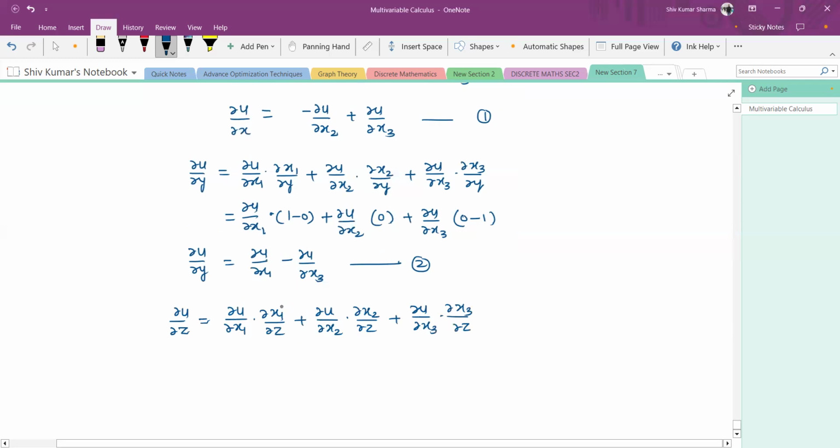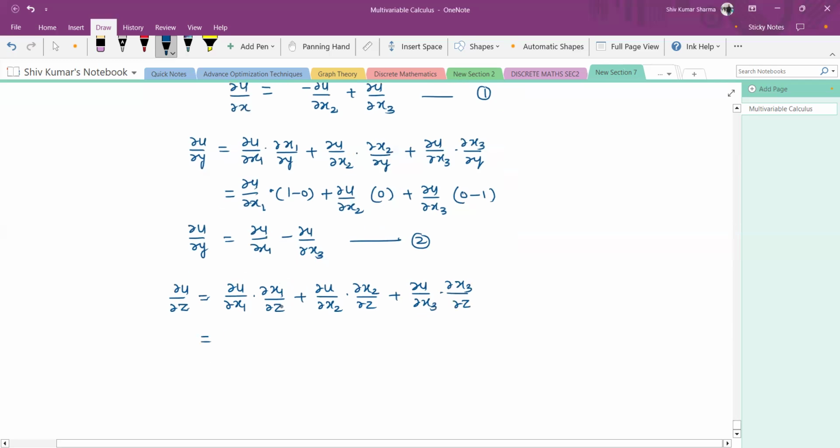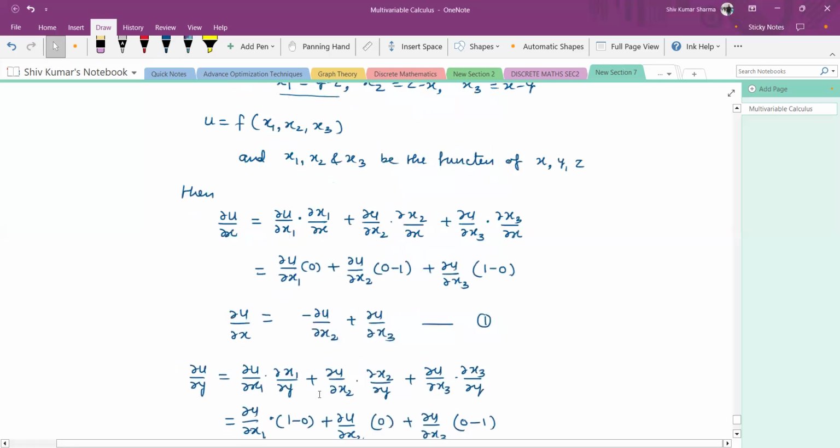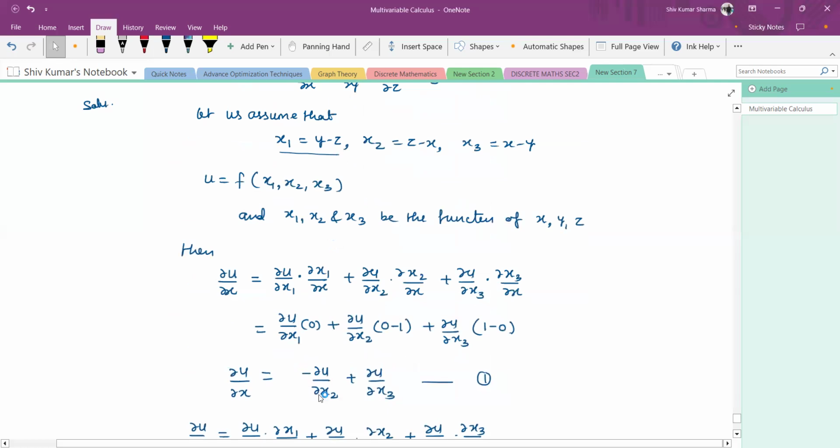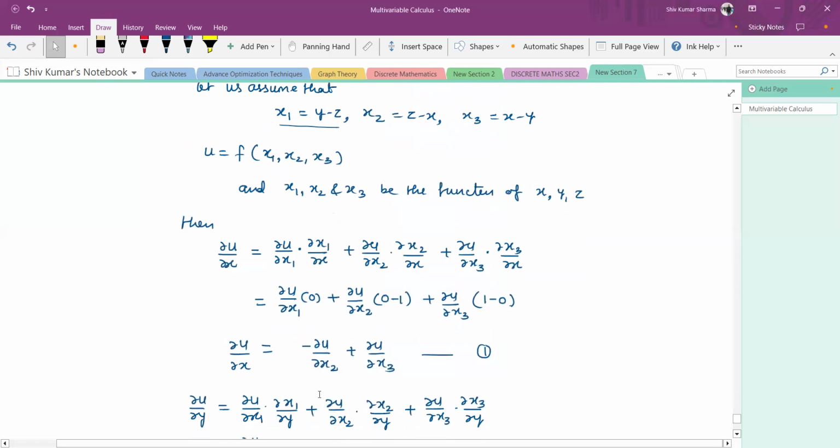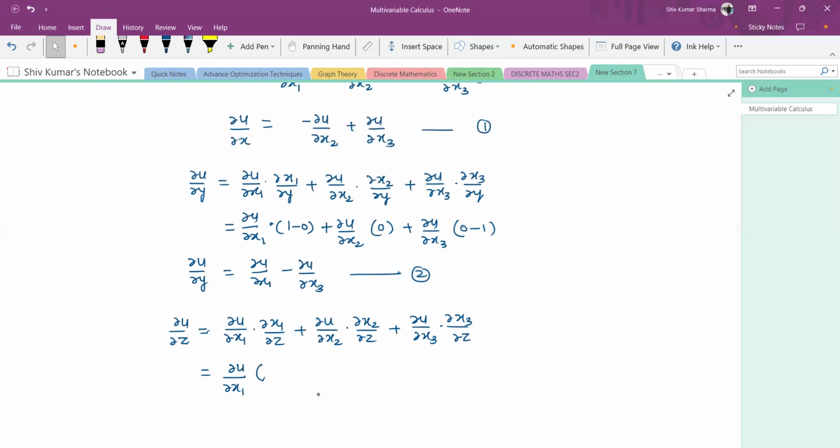For del x1 upon del z, the differentiation will be 0 minus 1.